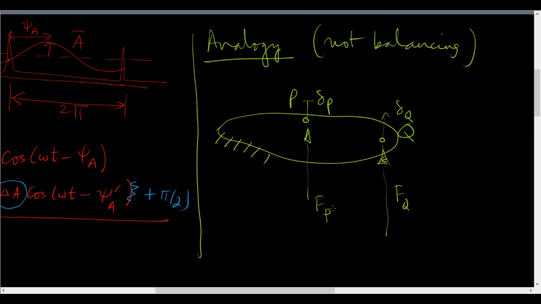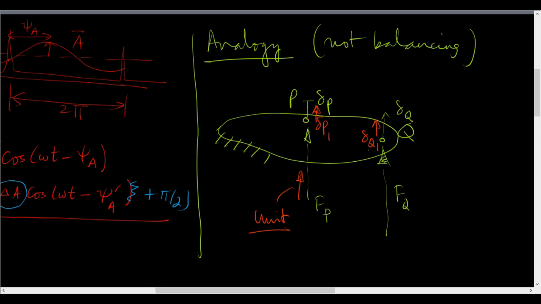Okay, now I'm going to do this using some calculation. So what I will do is I will first apply a unit force here, and I will get unit force here. When I apply a unit force here, I'll get a displacement here which I will call delta P1, and I will get a displacement here which I will call delta Q1.